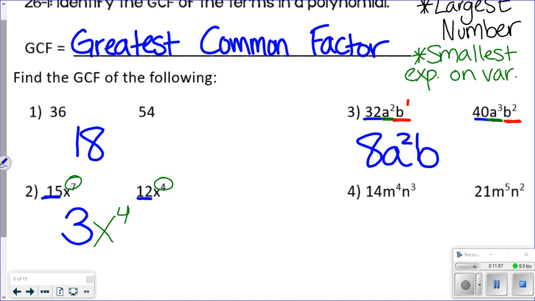Okay, look at question 4. So 14 and 21. It's the largest number that divides evenly into both of those. So try 2, 3, 4, 5, etc. You want the biggest one.